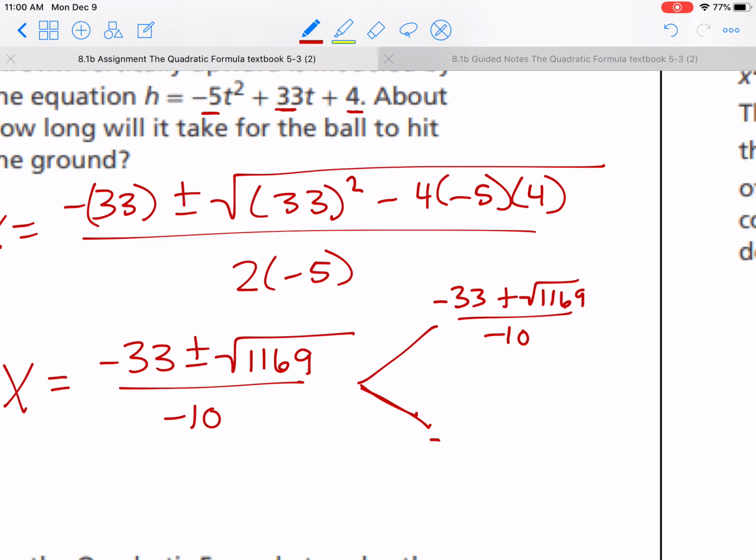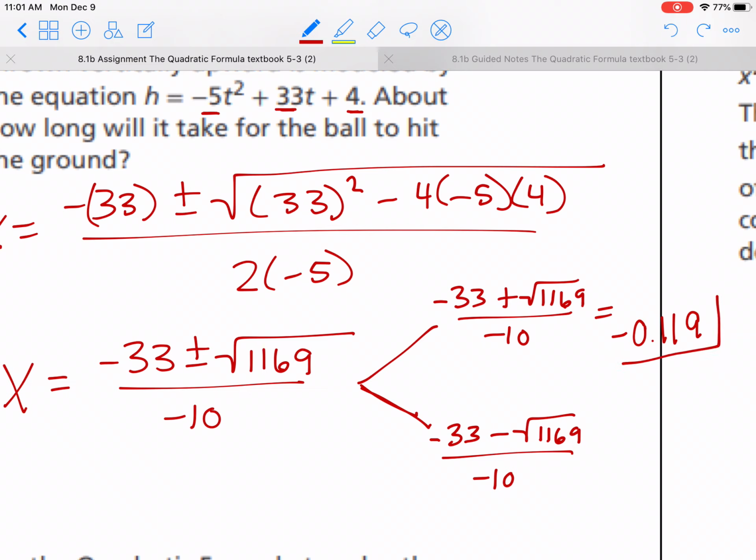And the other situation, we're looking at negative 33 minus the square root of 1169 all over negative 10. I'm going to take a second and calculate this one. I'd like you to calculate it as well and see if you get the same decimal approximation that I do. And this one I got negative 0.1190641995. I'm just going to stop there at 3 decimals.